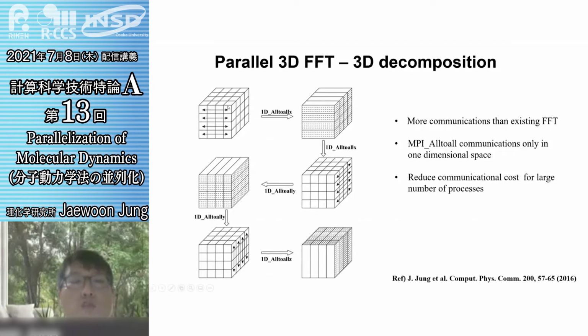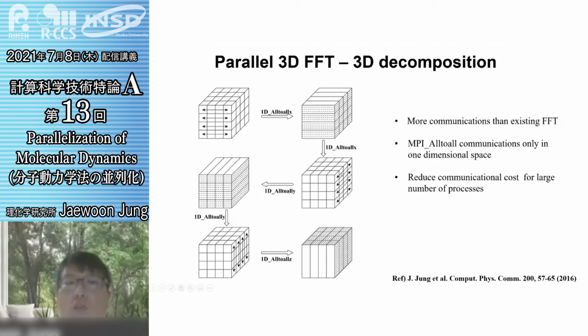To perform FFT in this direction, these four processors have all-to-all communication and hold the data in this way. So they have the global data in this direction. And after performing FFT in this direction, the shape goes back to the cube again.